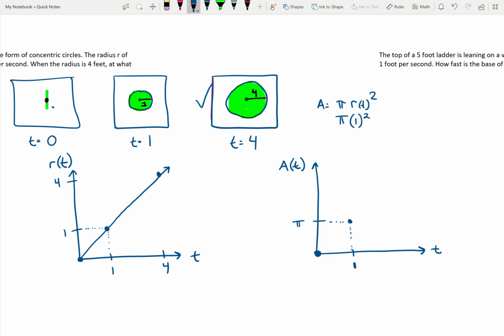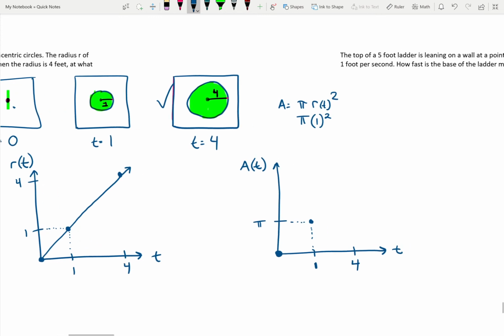Okay, and the same thing at t equals 4. It's going to be a bad picture, of course. When t equals 4, what is r of 4?